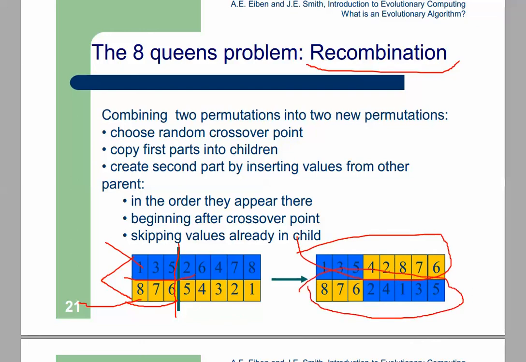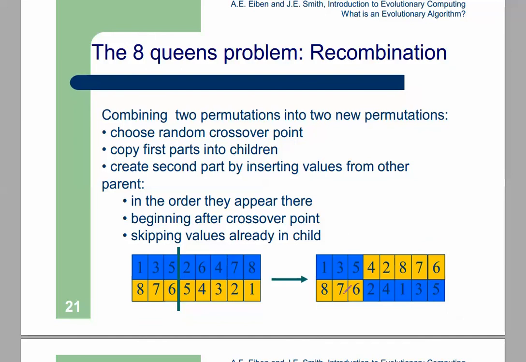One of the problems for this representation is repeating values. Here you don't have this problem because all 8 values are here. But sometimes you have a repeating value, you must change it because the permutation representation doesn't include repeating values.